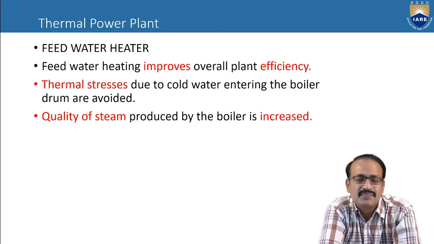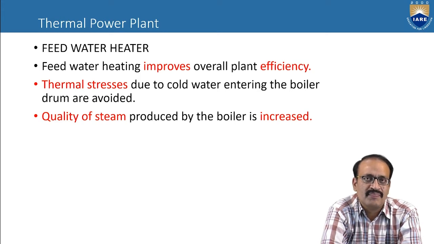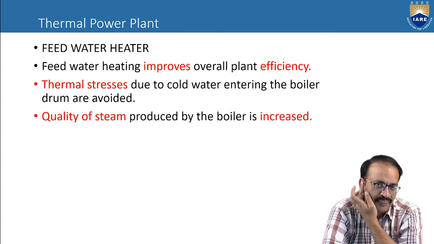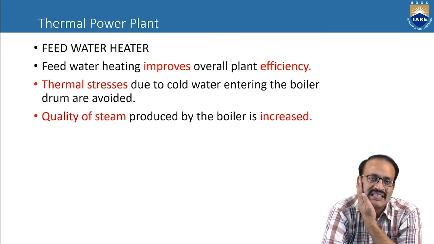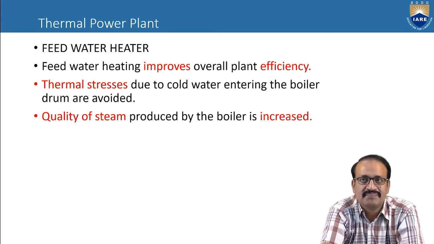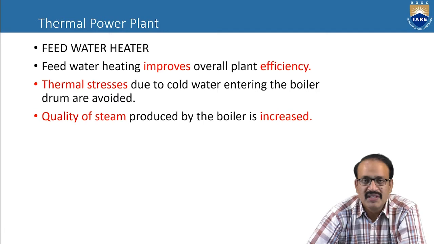It contains some heat, and we extract that heat from the flue gas to heat the water which we supply to the boiler. So it not only increases the efficiency of the thermal power plant, but also decreases the thermal stresses of the boiler. And also the quality of the steam produced will be good.